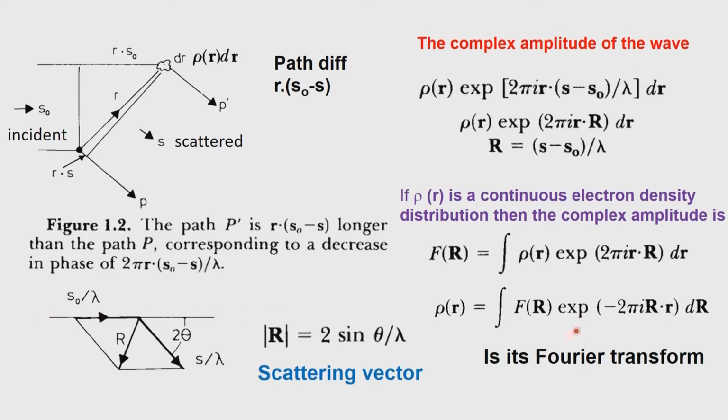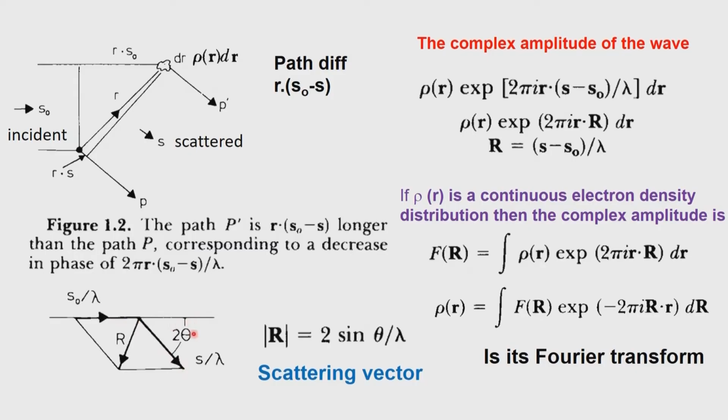Depending upon the amount of electron density present, since the energy associated with the incoming radiation is so large, most of the radiation will go through, except a little bit which will go in the direction S by lambda because of the presence of the electron density. The amount of electron density decides how much scattering intensity comes. So it goes in this particular direction.